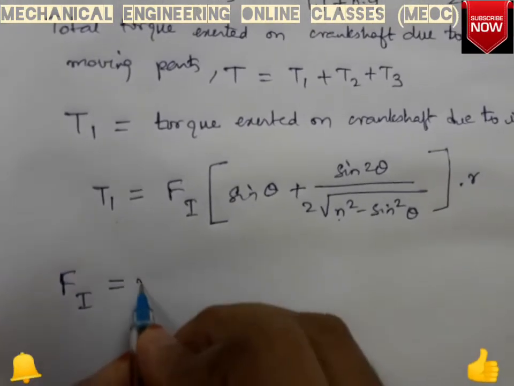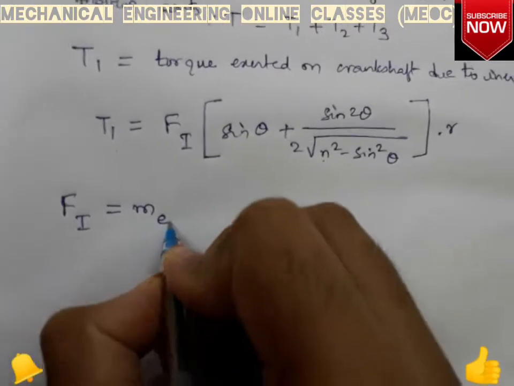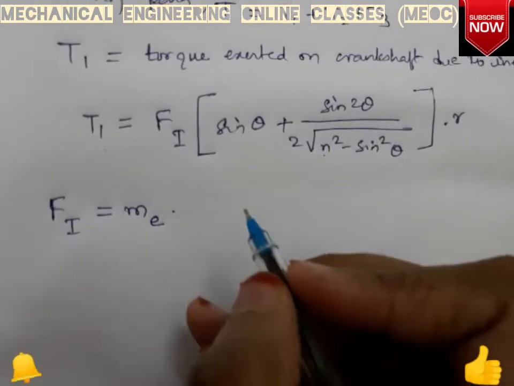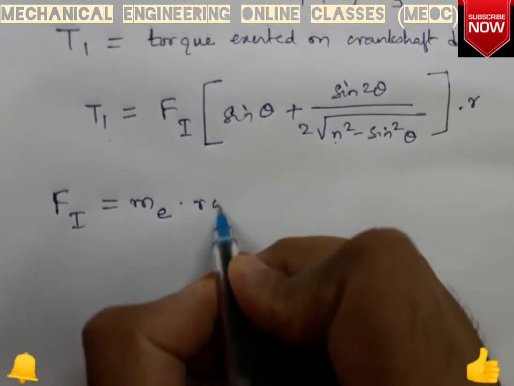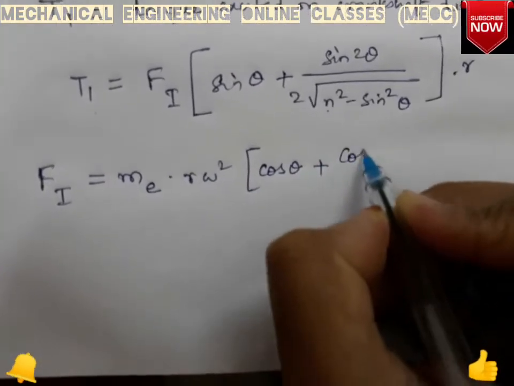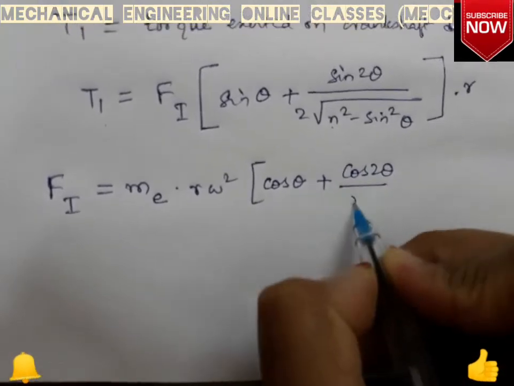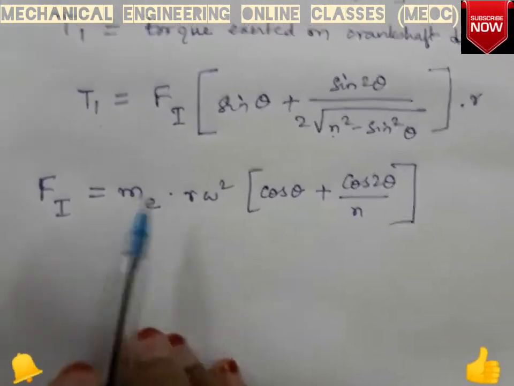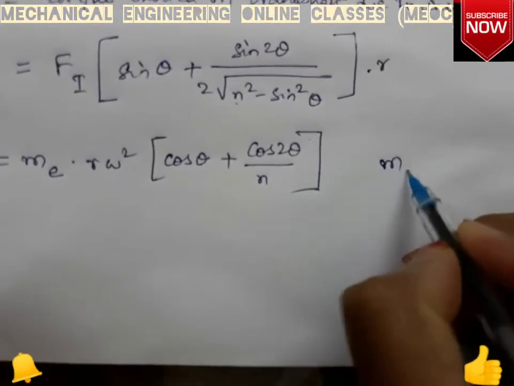Fi is the equivalent mass into the acceleration of the piston, which is r omega square into cos theta plus cos 2 theta by n. Here me is the equivalent mass acting at the piston.